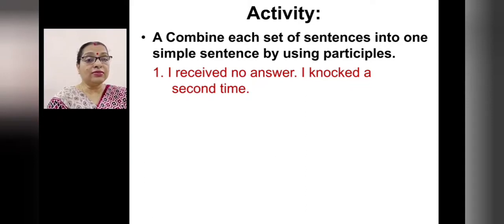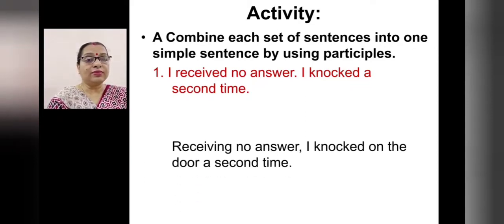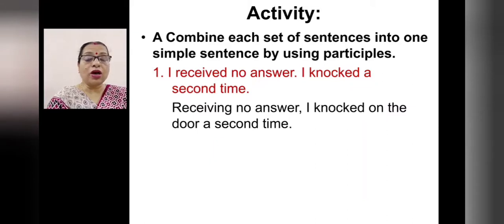Got the answer? Let's check. Receiving no answer, I knocked on the door a second time. So here, since the subject is the same, you have to let go of the subject here. So only once you have to write I.